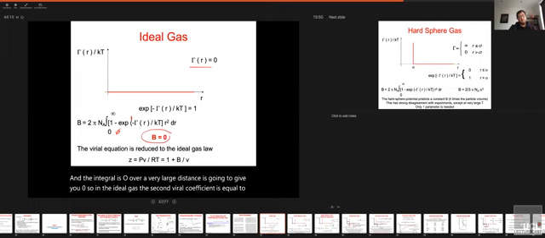If you take the virial equation of state and the coefficient B is equal to 0, this term goes away, and you recover your ideal gas law. Of course, it's only valid for very low densities, so it's the limit behavior, and the reason is that real gases interact with each other.